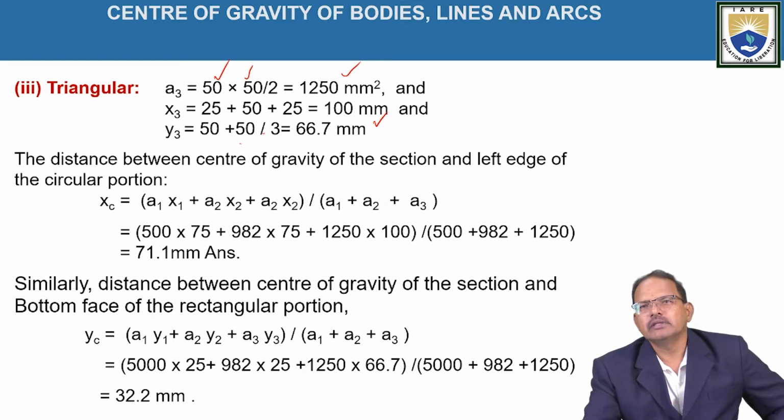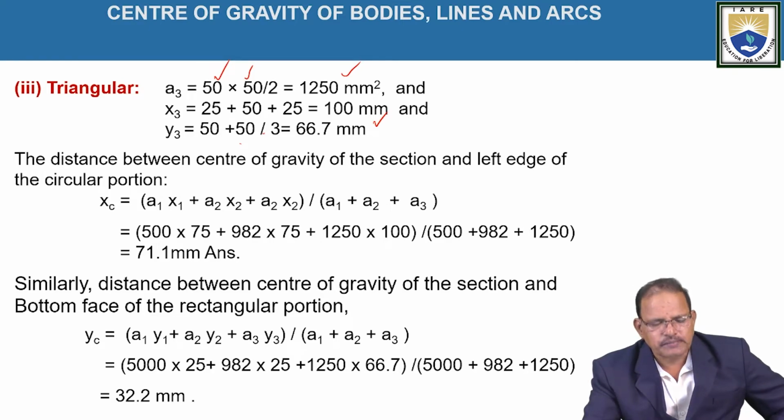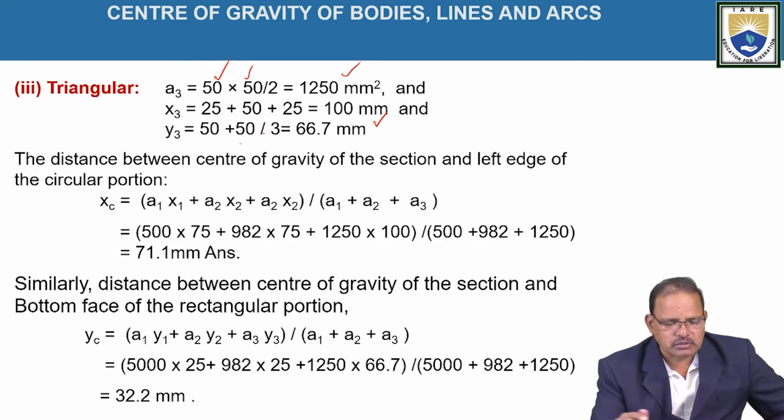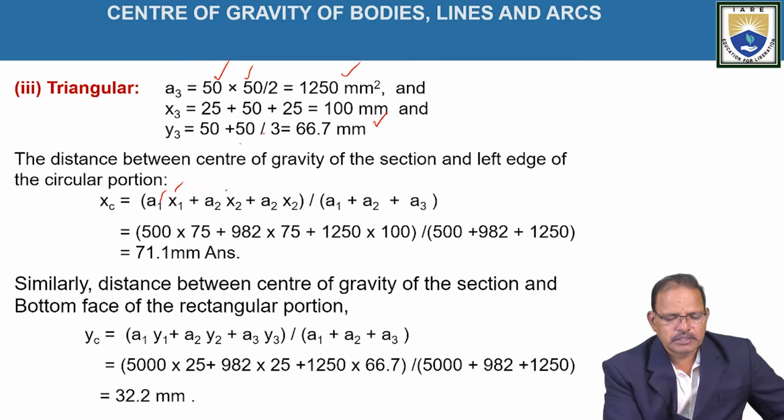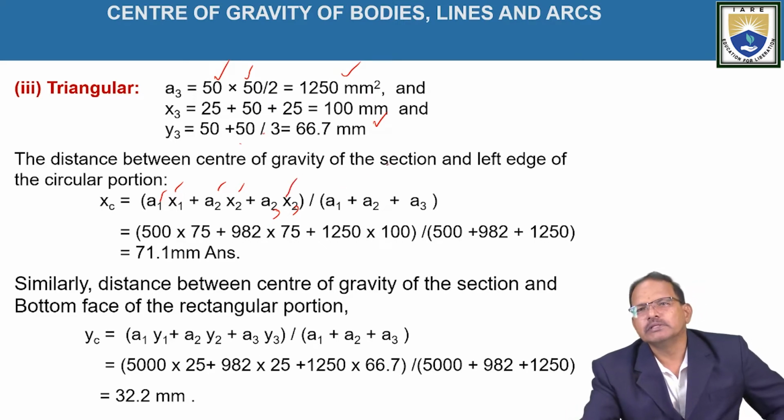Now, the distance between the center of gravity of the section and the left edge of the circular portion, that is with respect to the y-axis, is given by xc is equal to a1x1 plus a2x2 plus a3x3 divided by a1 plus a2 plus a3.